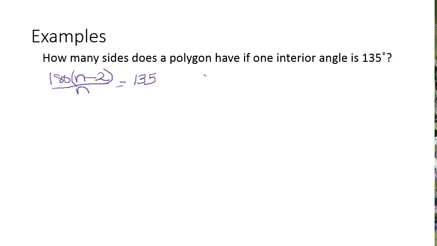So if we cross multiply here, 180 times the n minus 180 times 2, which is 360, is going to be equal to n times 135.